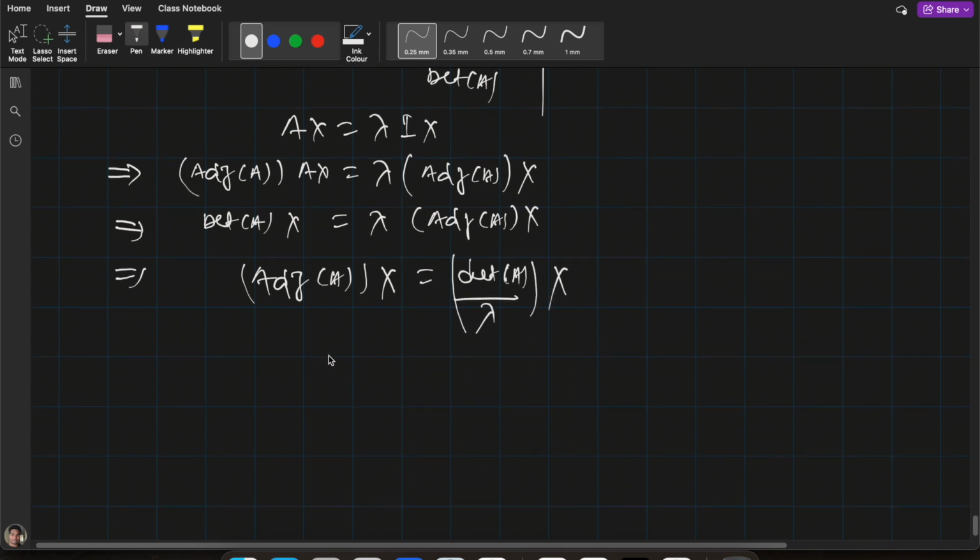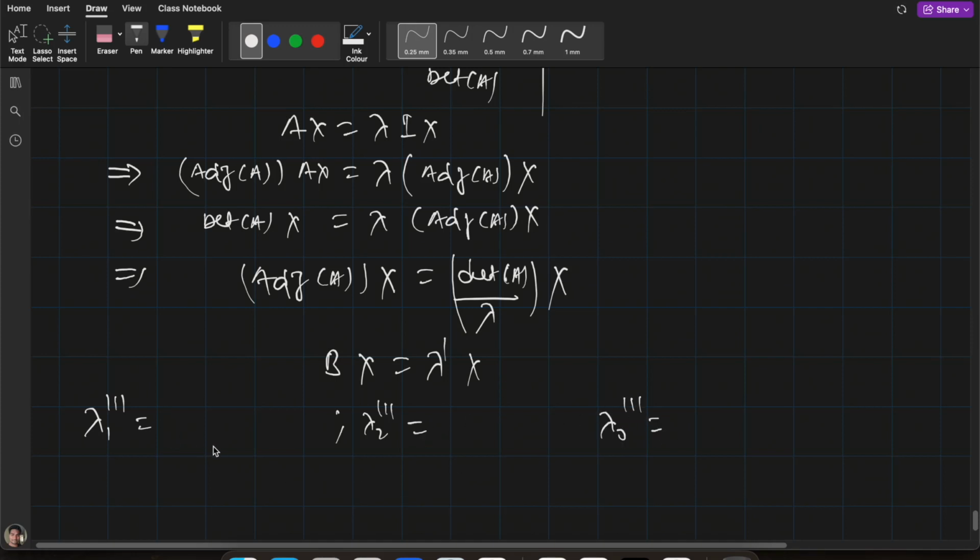So again it is an eigenvalue problem: Bx equals λ' x, with just x because the eigenvector has not changed. Which means the eigenvalues are λ1', λ2', λ3'.